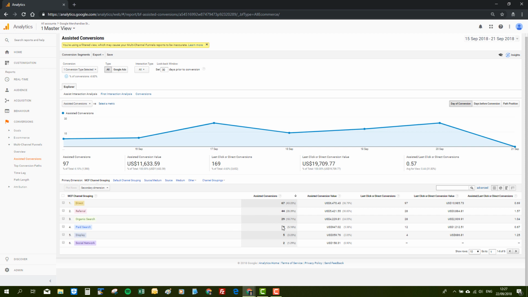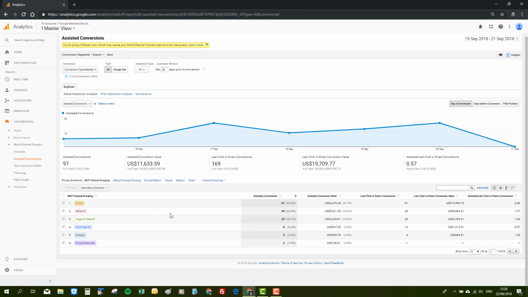It also assisted in 8 conversions along the way too, so it has a contribution to other channels converting. This is what this assisted conversions report does. It shows us how other channels contribute by bringing people into the funnel, but they may not have had the last click before the conversion, but they did feature in the journey.